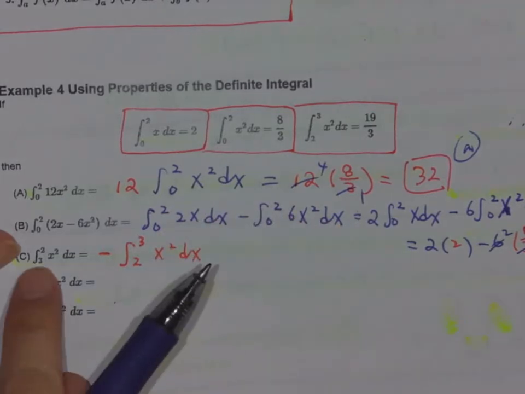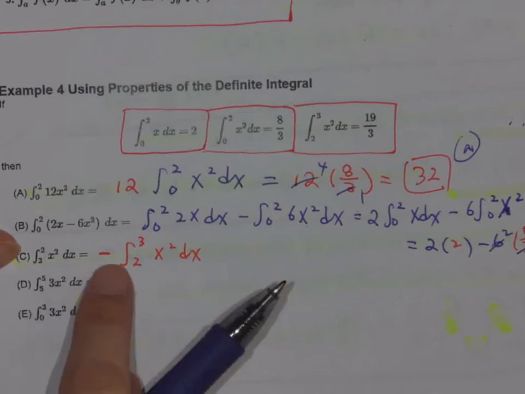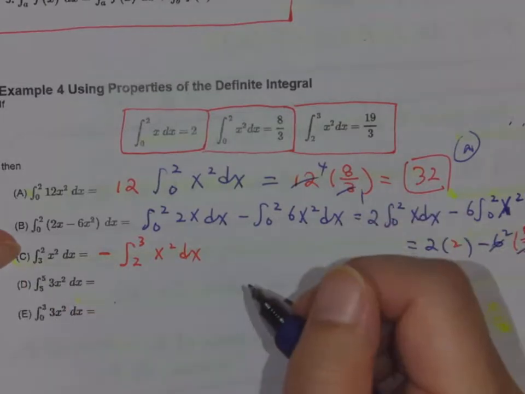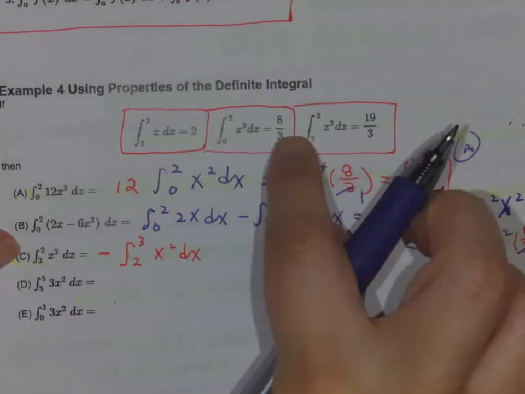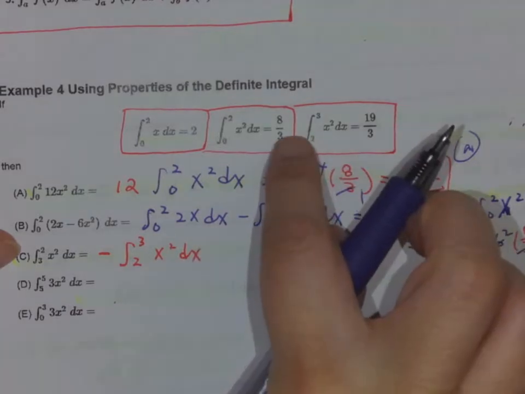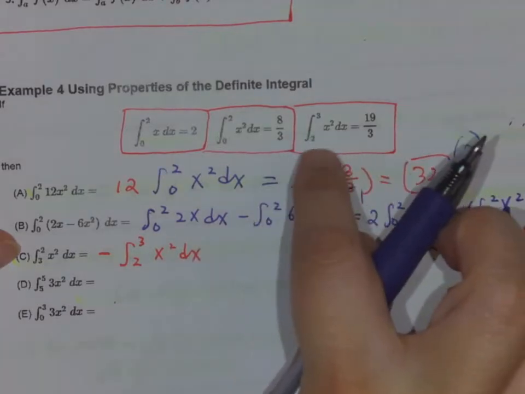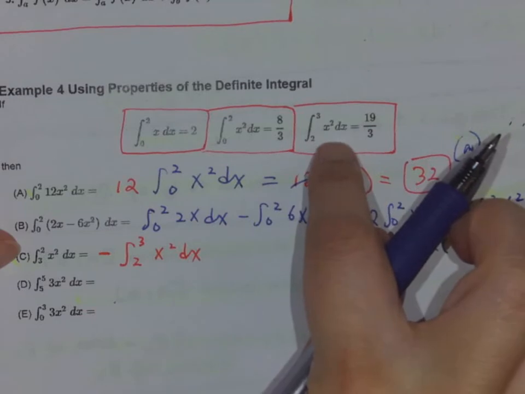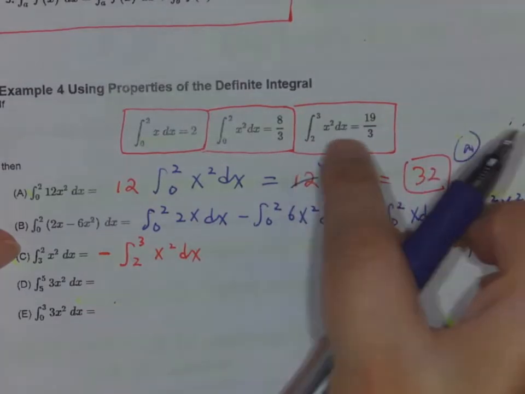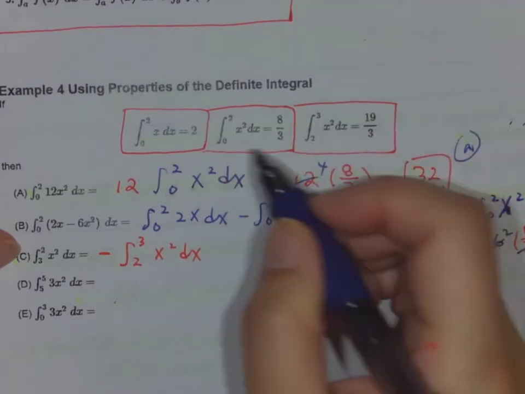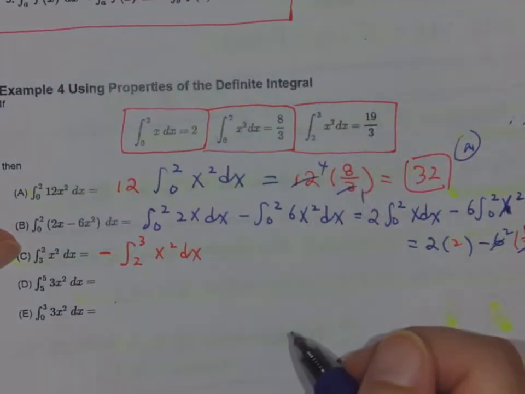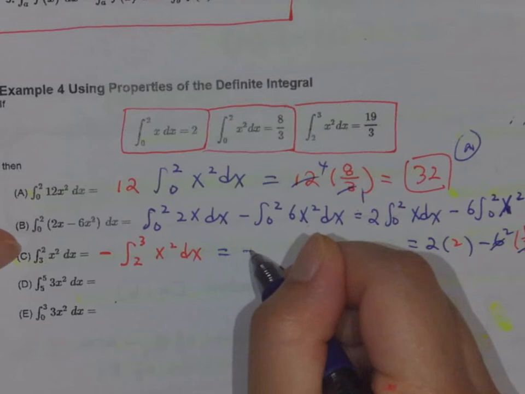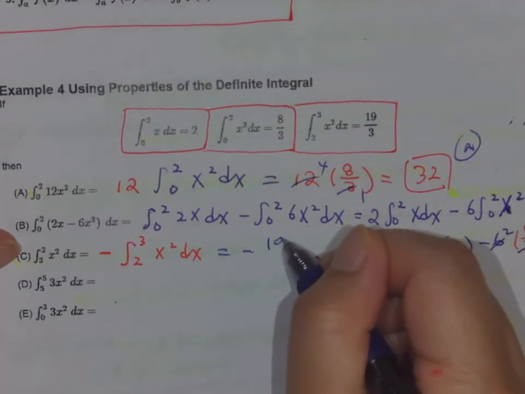If you flip the lower and upper limits, you will multiply it by negative, basically. So x squared dx is going to be this guy. So, no, sorry, from 2 to 3. I have to be very careful. So both of them are x squared dx, right? But this is from 0 to 2, this is 2 to 3, so this guy. So if I use that guy, that would be negative times 19 over 3, right?